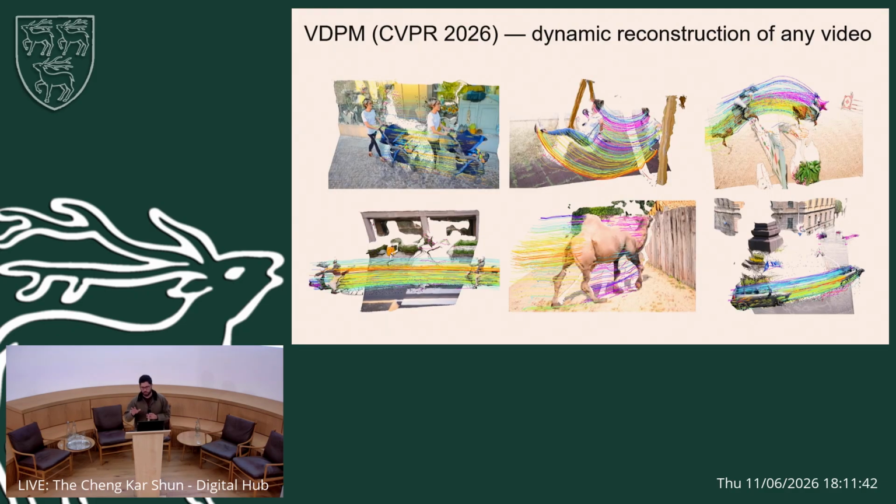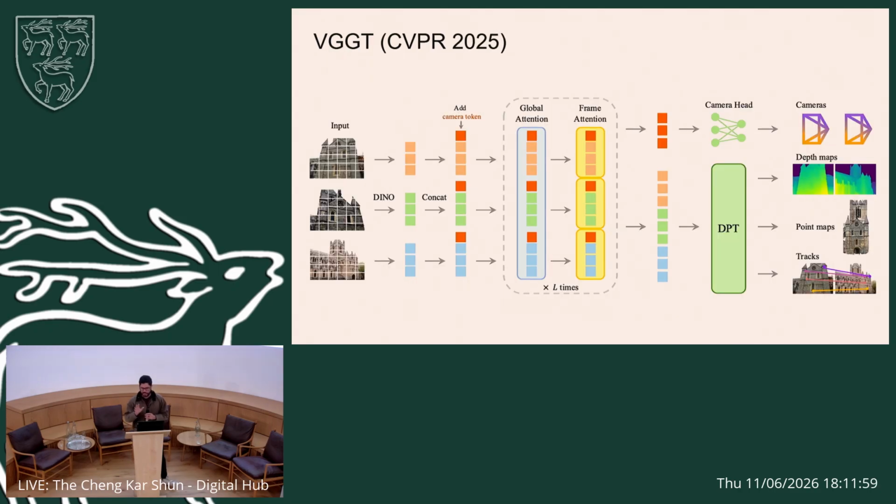The second work I want to show you is a recent paper where we ask the question: we want to reconstruct any video with motion and get the 3D geometry and tracking of the objects that we're seeing. I want to mention the VGGT paper, which was quite influential in computer vision, changing the paradigm of doing 3D reconstruction: instead of doing optimization, we just have a single transformer network that takes images as input and maps them to a full 3D map.